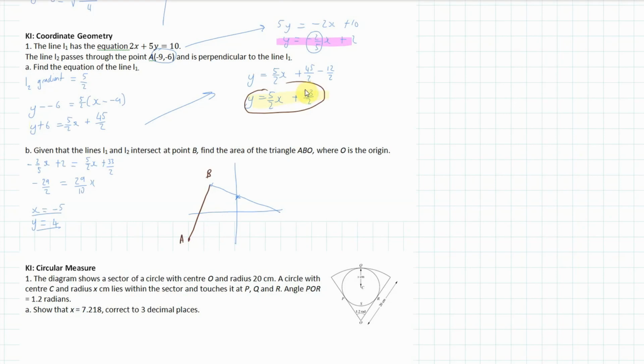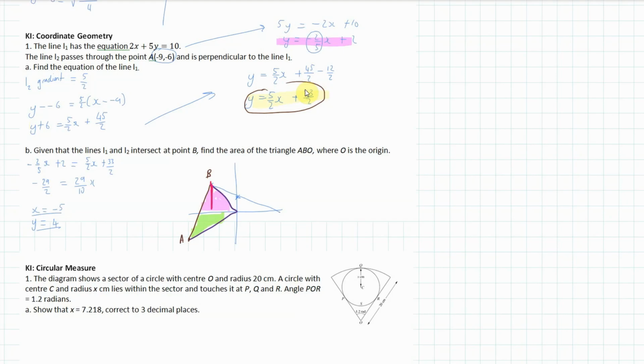So the origin is here. Now we've got to find the area of this triangle. There's a couple of ways of doing it. I'm going to split it into two triangles, the pink one and the green one, and go half base times height for each of them. The height here is, where do they meet?